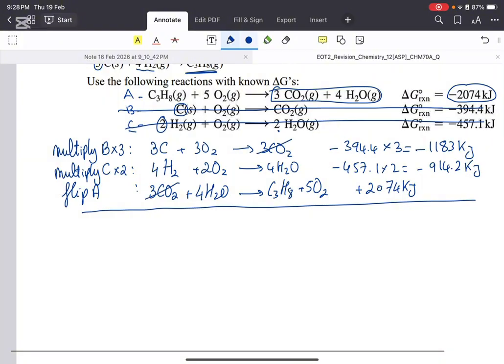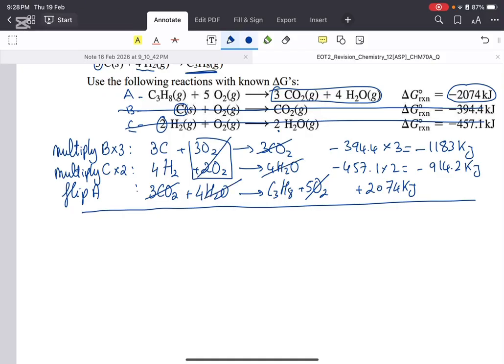Now 3CO2 and 3CO2 will cancel out. 5O2 and 5O2 will cancel out. And 4H2O and 4H2O will cancel out. So I'm left with the original equation that I want to calculate its delta G. And delta G of this system is going to be negative plus this value.